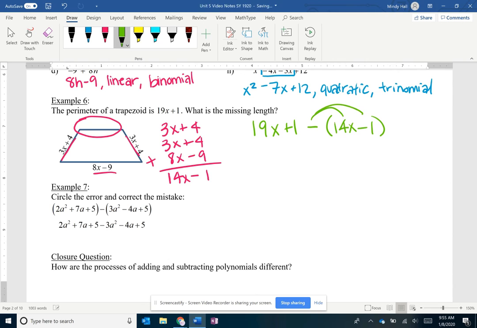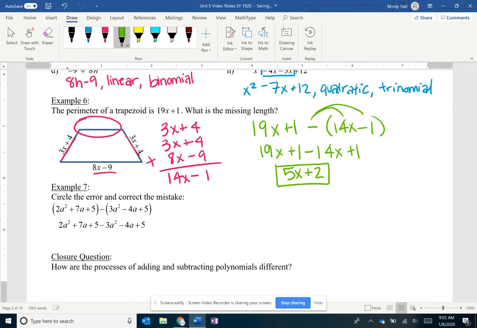So then this becomes 19x plus 1 minus 14x plus 1. So 19x minus 14x would give us 5x, and then 1 plus 1 would give us 2. So we know that the missing side would have to be 5x plus 2.